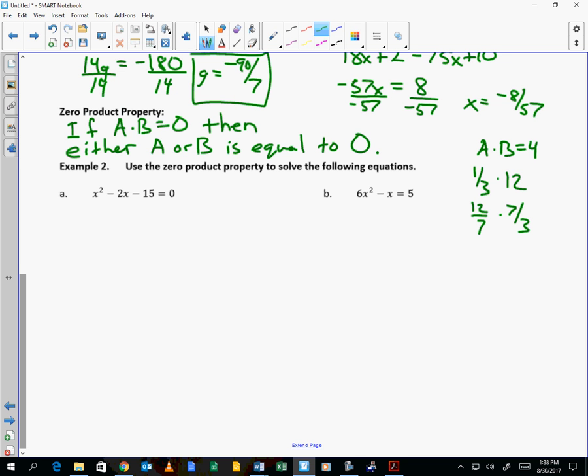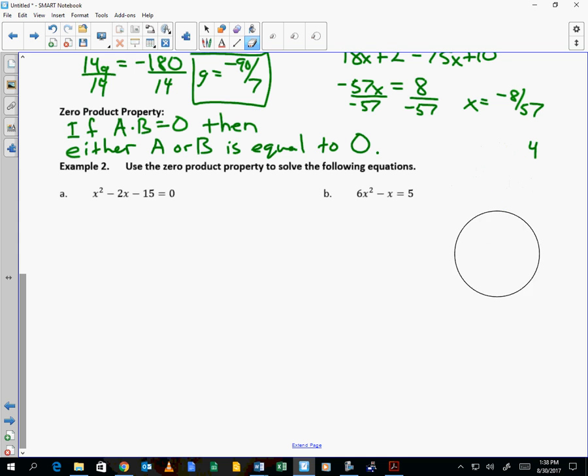Like, you don't know anything about either one. If A is a certain value, then B could be a different value. You don't know anything. There's a reason why there's not a 4 product property. There's nothing helpful about it. It's got to be 0. I'll make my point here in a second.